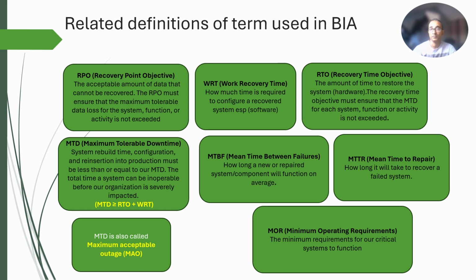There are other parameters, for example, mean time between failures. It can happen that a system failed, you recover, and it failed again after a certain time, maybe due to bad reconfiguration and maybe other failures. So the MTBF will help you measure that time. The shorter the MTBF, the more attention that you have to pay in terms of reconfiguring your system.